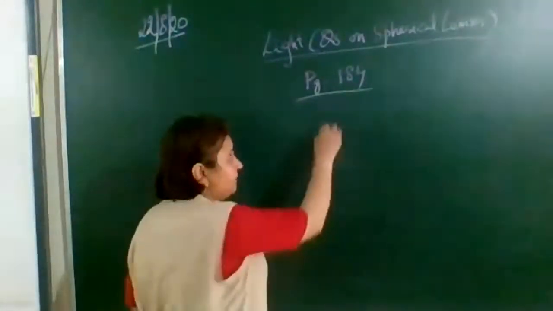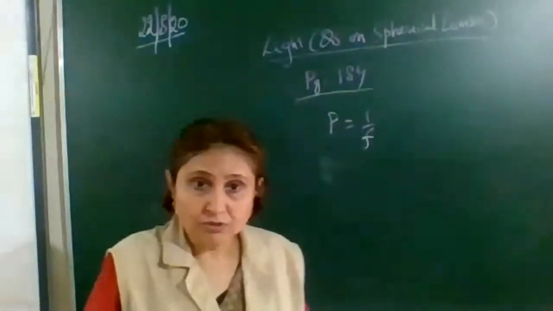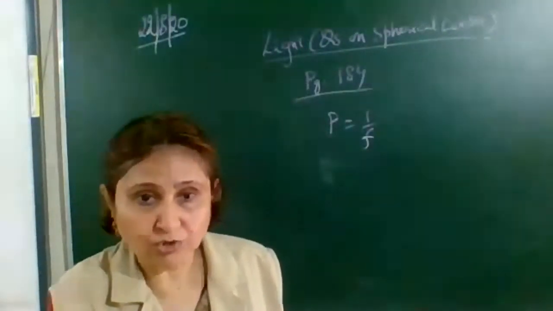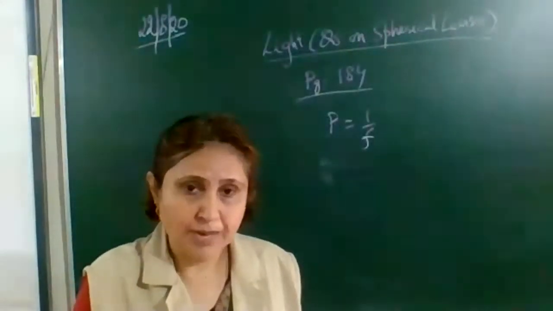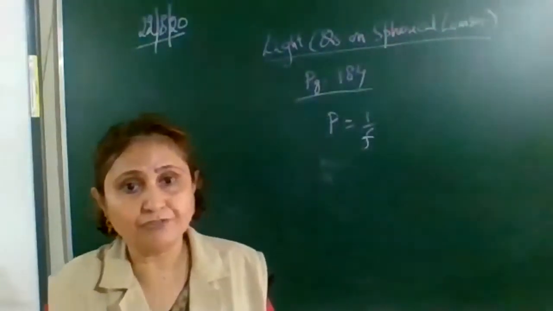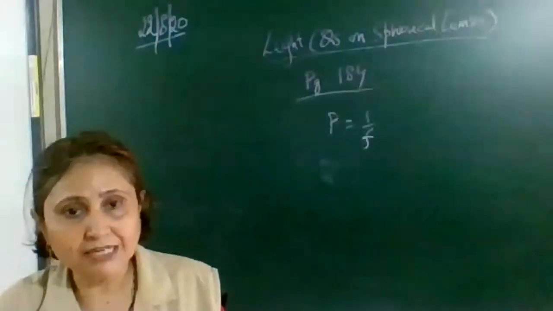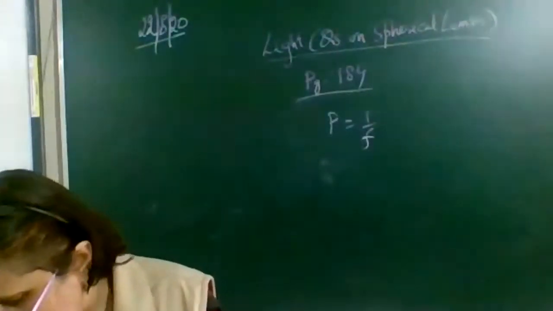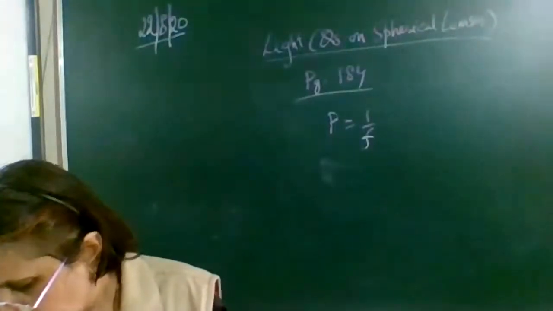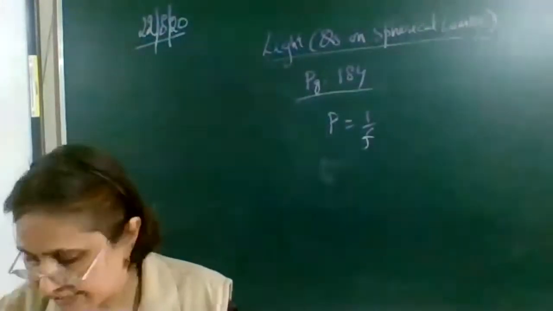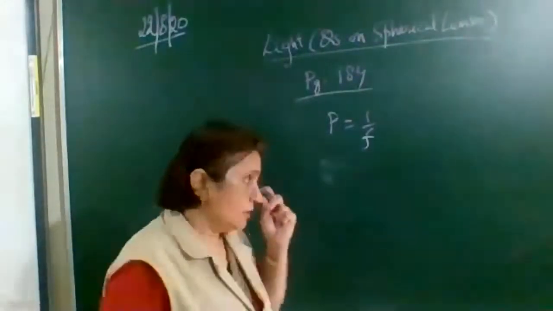We know that power is the reciprocal of focal length. So power should be more to magnify the image. How do we define power? It is the ability of a lens to converge or diverge the rays. So the power of the lens should be more. Now there are two options for the convex lens: A is of 50 centimeters, C is of 5 centimeters.